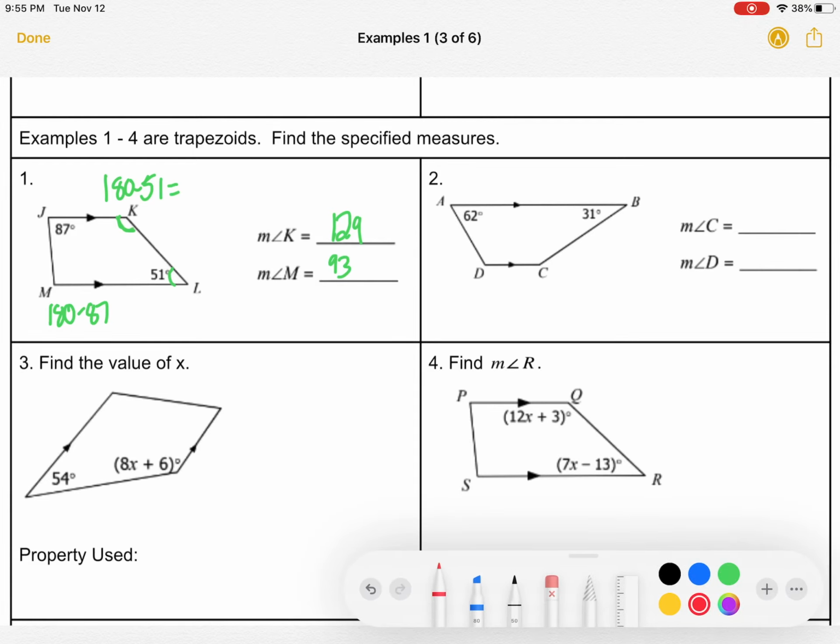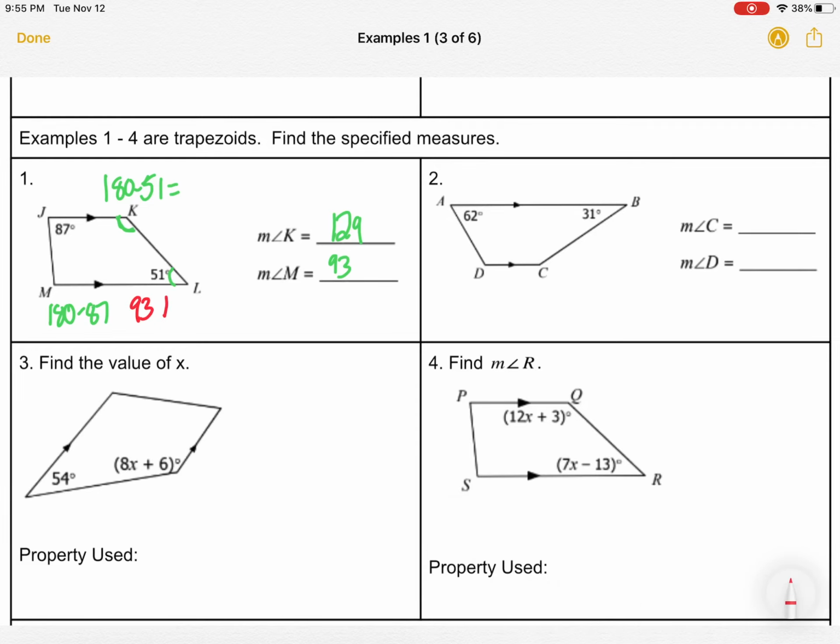Now notice on this that M and L, so 93 plus 51 adds up to 144, which is nothing. So that's no help. The top adds up to another number that doesn't help. So only the angles, one from the top, one from the bottom, would add up to 180. There's no relationship other than that.